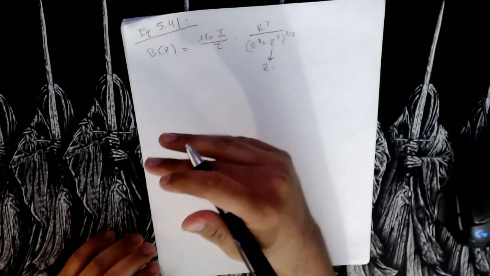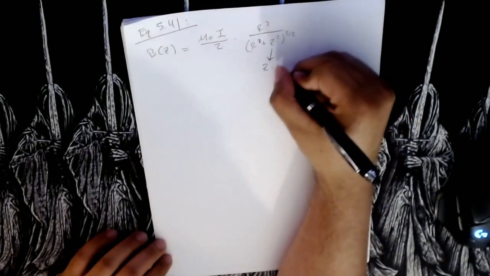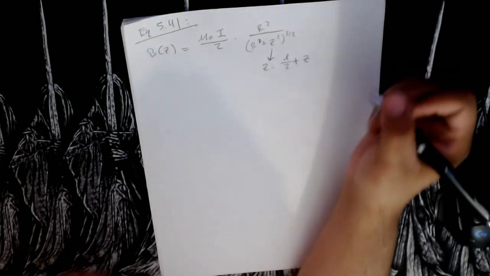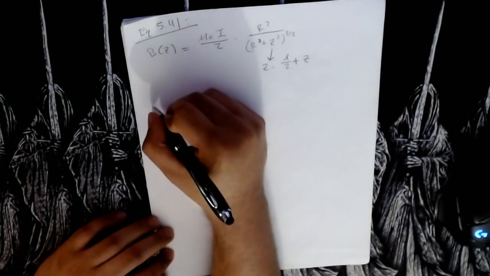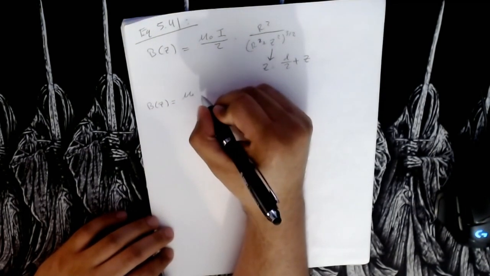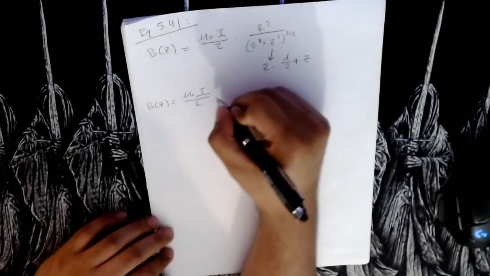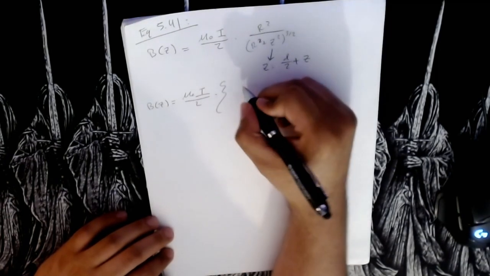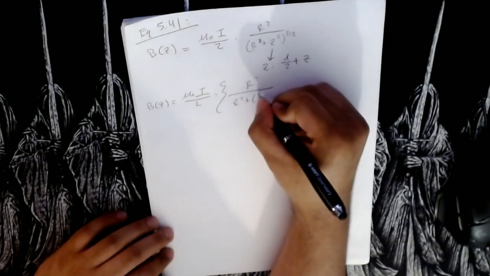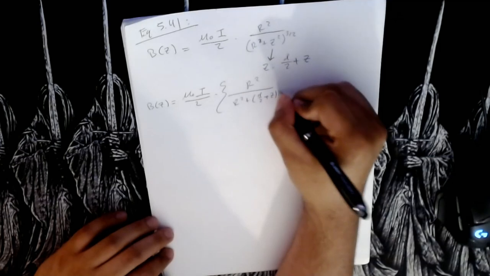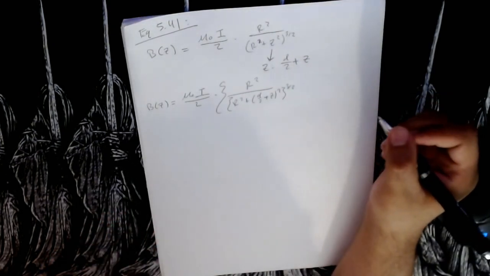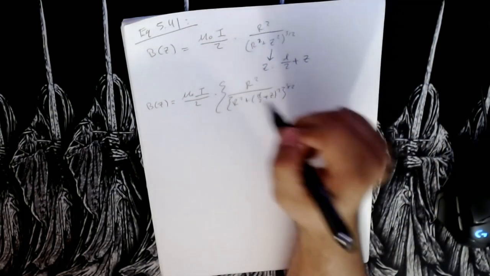Since the two loops are a distance d apart, z changes to d/2 plus z. So the magnetic field is going to be mu naught I over 2 times r squared over r squared plus (d/2 plus z) squared, to the 3/2. Okay, that's one of the modifications.